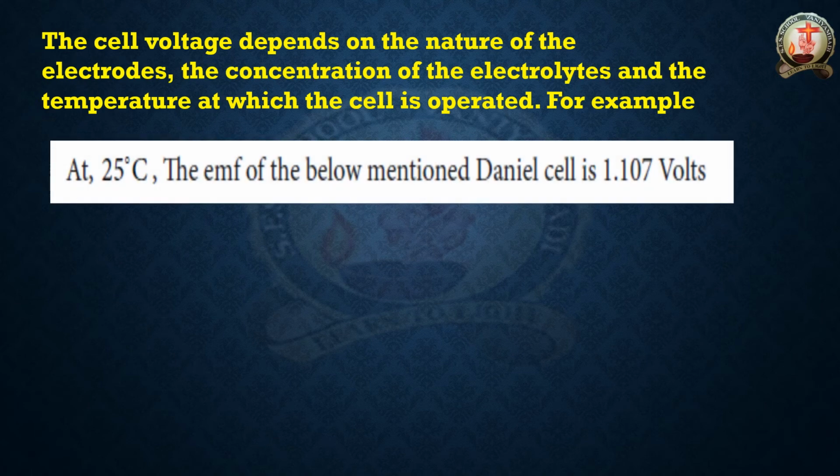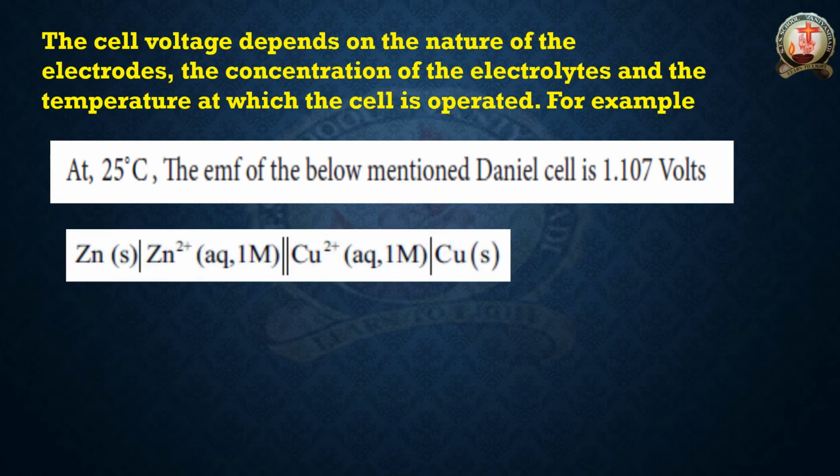For example, at 25 degrees, the Daniell cell produces 1.107 volt. So this is our cell notation.